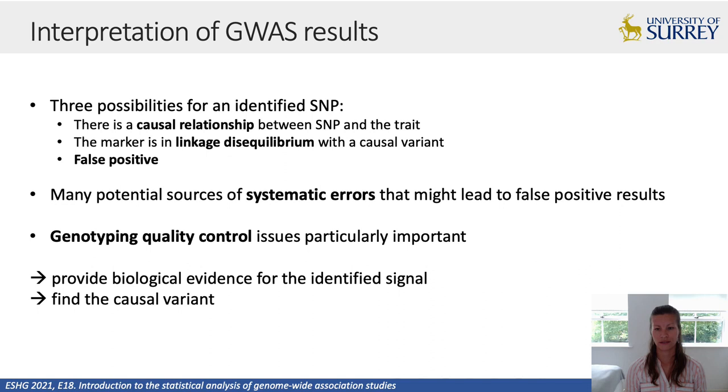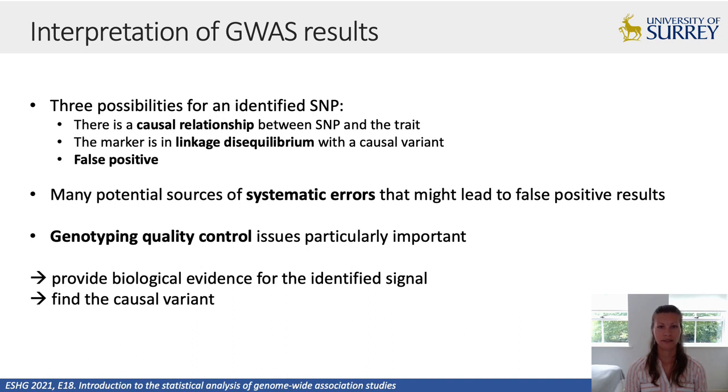Or the final possibility is that it is a false positive finding, when replication studies become very important. And genotyping quality control issues are also very important in avoiding systematic errors.